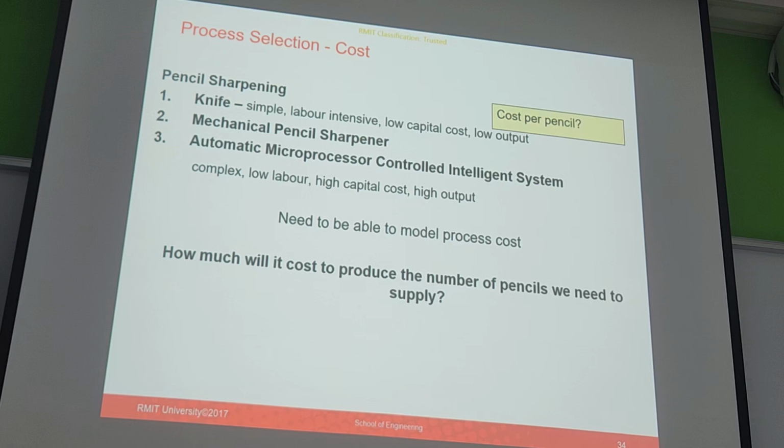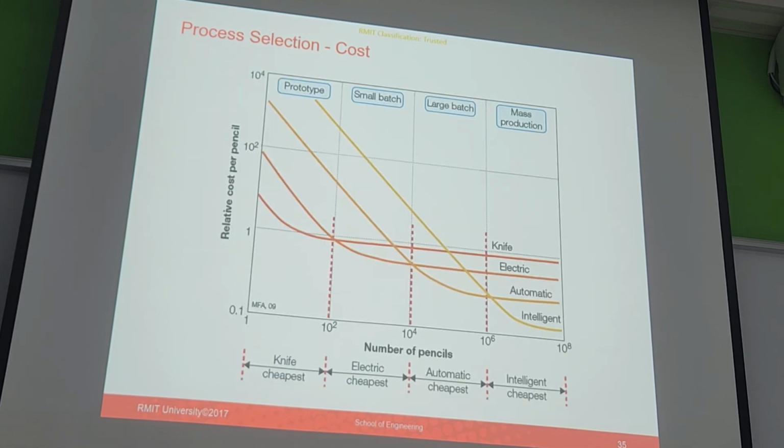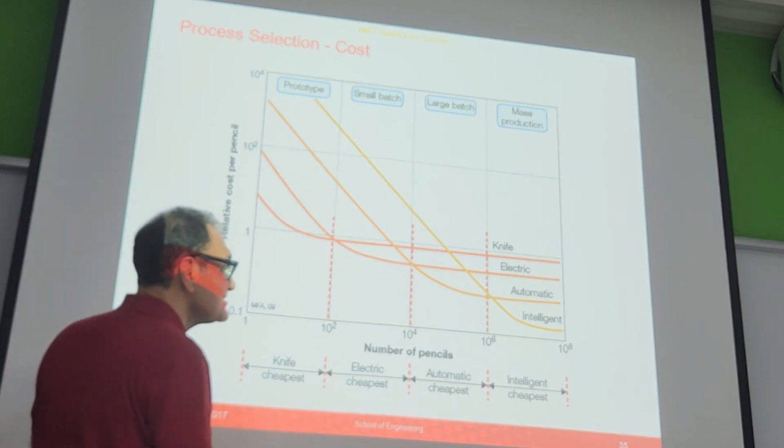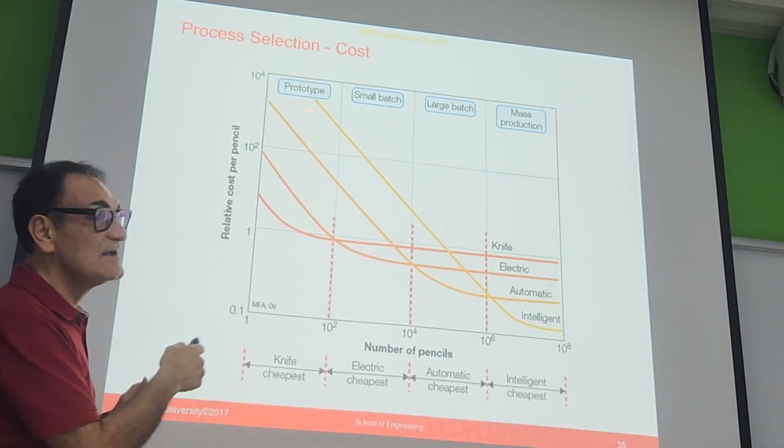After the material, what's the process selection? The process means, for example, for pencil sharpening: knife, mechanical pencil sharpener, or automatic microprocessor sharpener. So you have to find which one we choose, and the cost is very important.